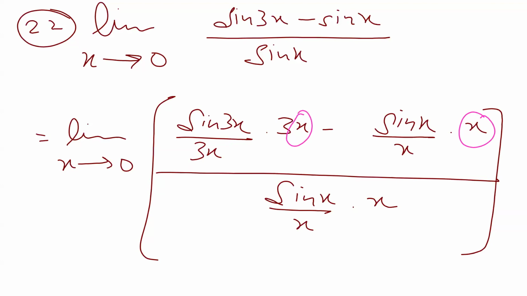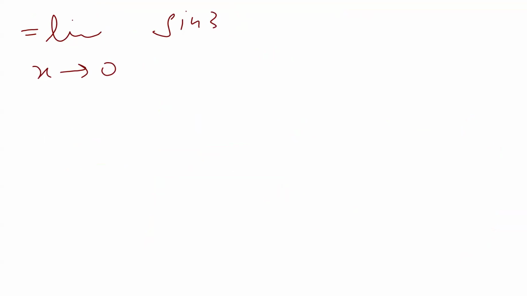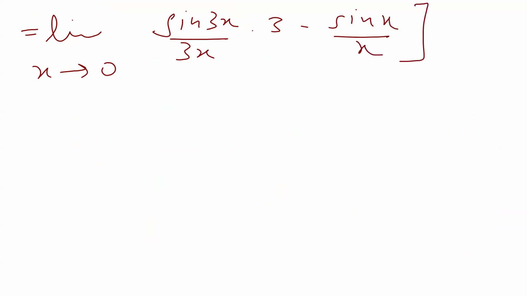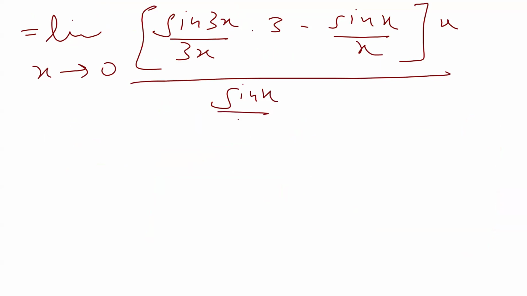So limit x approaching 0, sine 3x upon 3x into 3 minus sine x upon x, taken out common, upon sine x upon x into x.